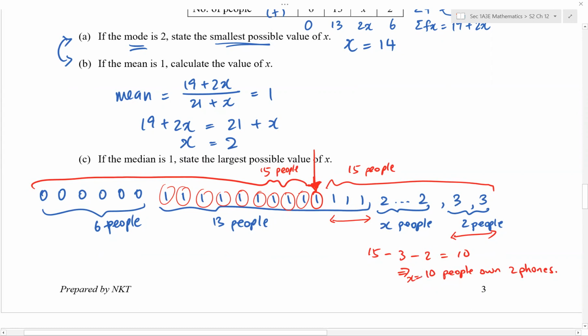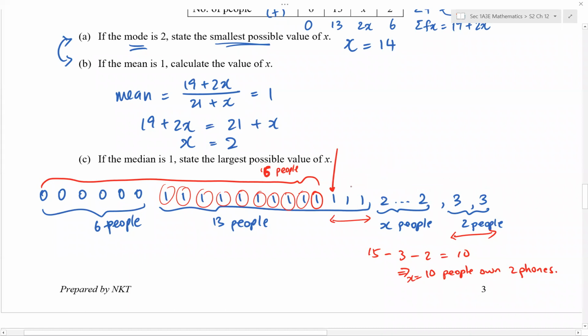What if that was not the median? What if the next one over here is the median instead? What would happen to the value of x? Okay, just one more example over here. So we've got now 16 people on the left, which means that there would be 16 people over here as well.